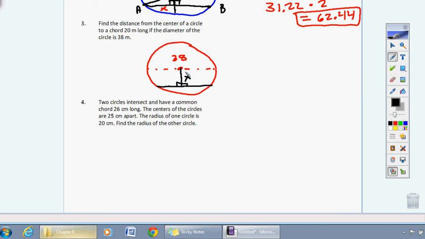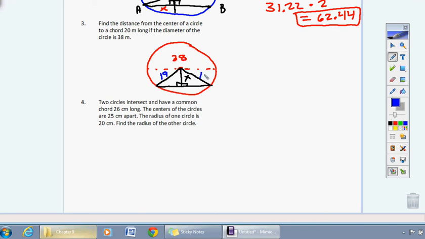If the diameter is 38, somebody raise your hand and tell me what this distance right here is going to be. If the diameter is 38, what are my radii going to be? Yes, good job. They're going to be 19.